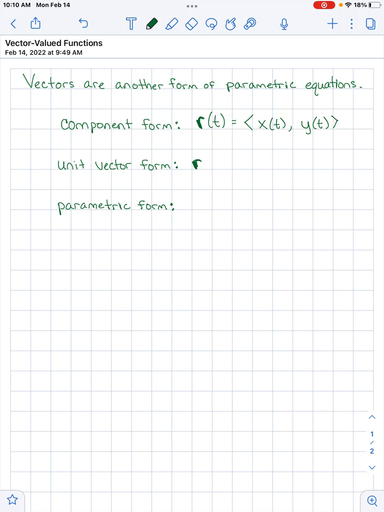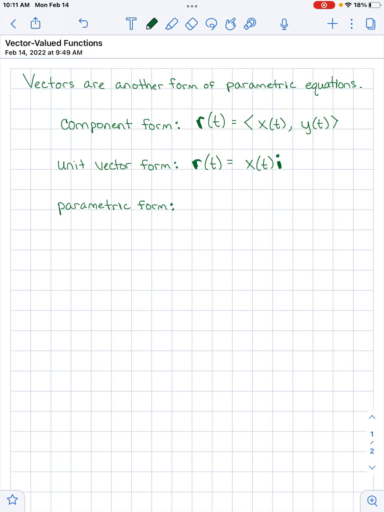Unit vector form, you're not going to see that much, if any, on the AP exam. That's more something you're going to see in a college level vector calculus course. But the unit vector form is saying, let's take x of t and multiply it by this horizontal unit vector called i. It's horizontal, 1 unit in length, so that is the unit vector i.